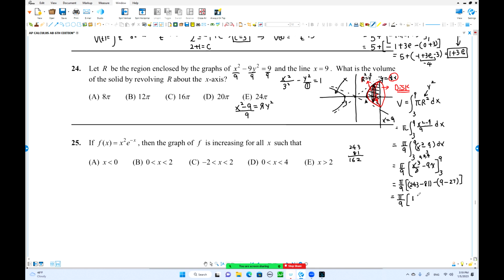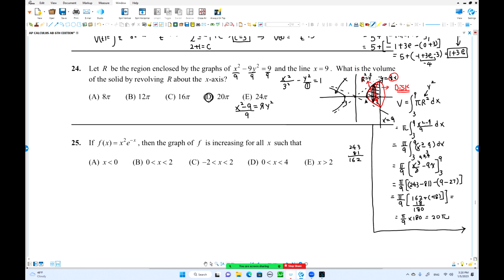Then minus (9 minus 27), that is plus 18. So 162 plus 18, how much is this one? 180, okay? So pi over 9 times 180. That is 20 pi, right? That's the volume, okay? This one is up to number 24.